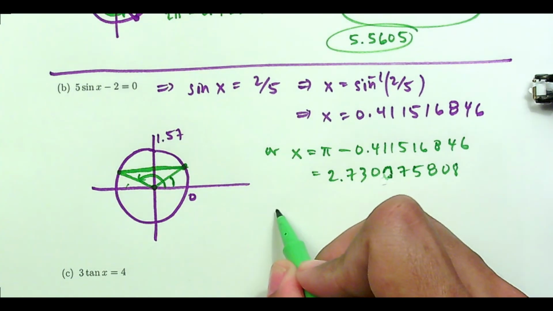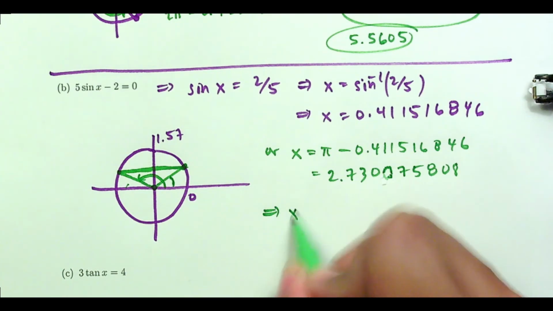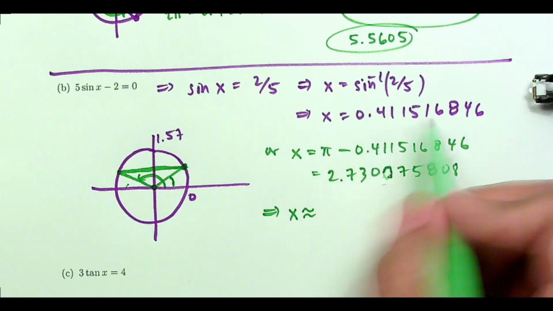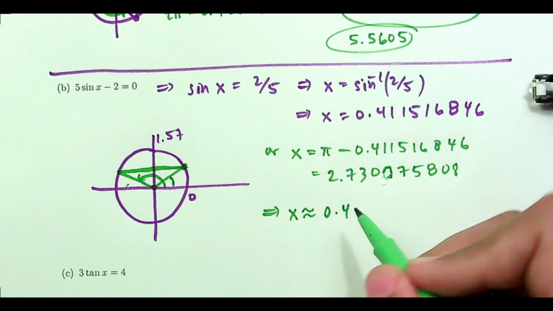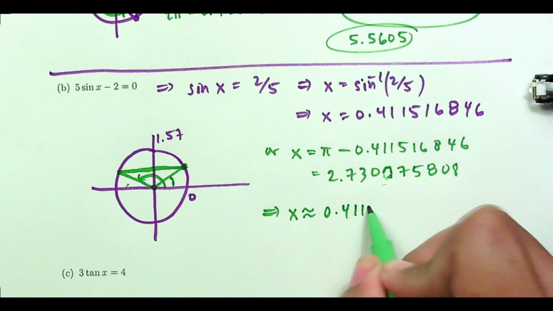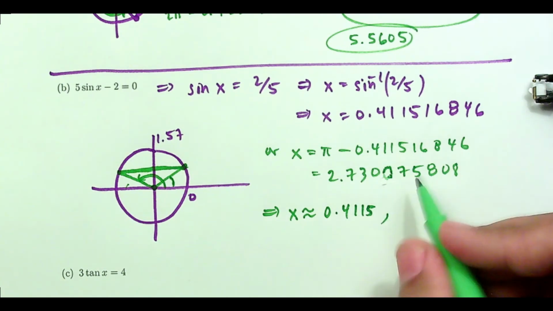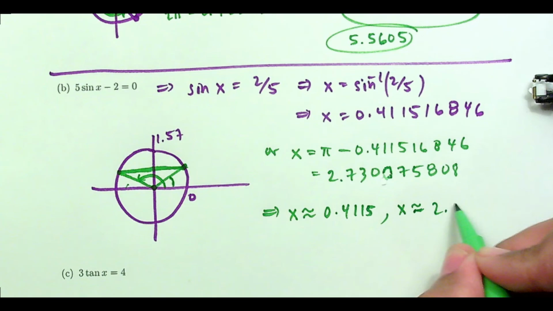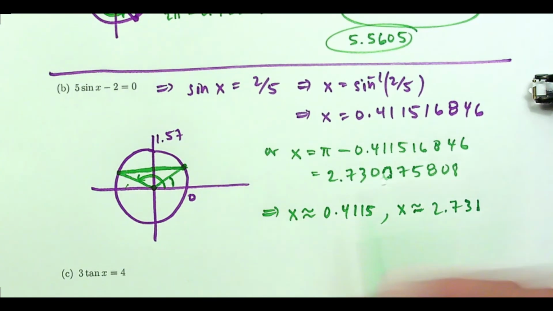So what are the answers? After rounding, the first one rounds off to 0.4115, and the second one rounds off to 2.7300.